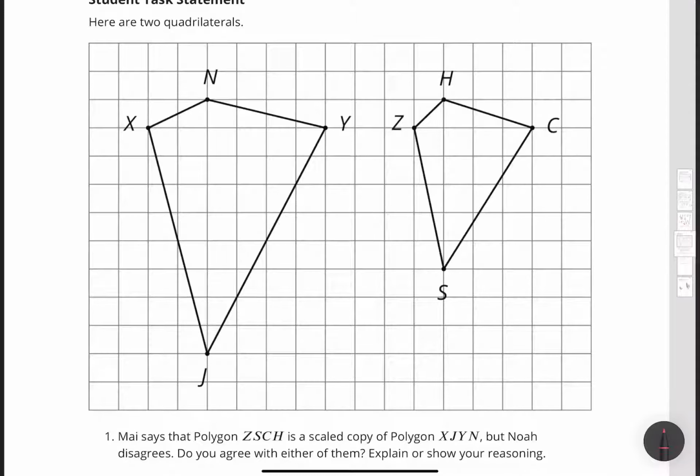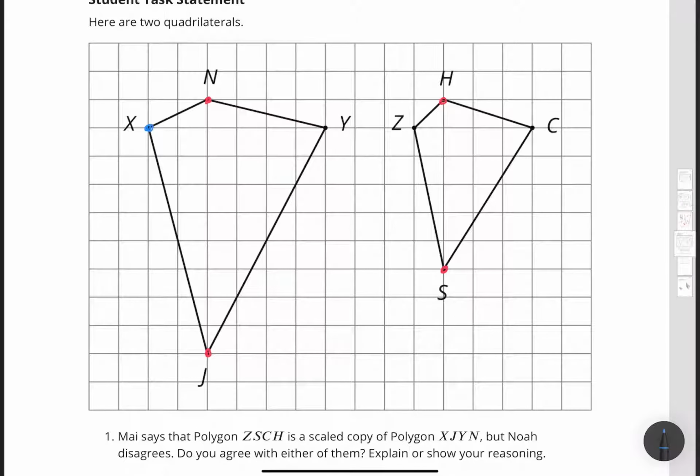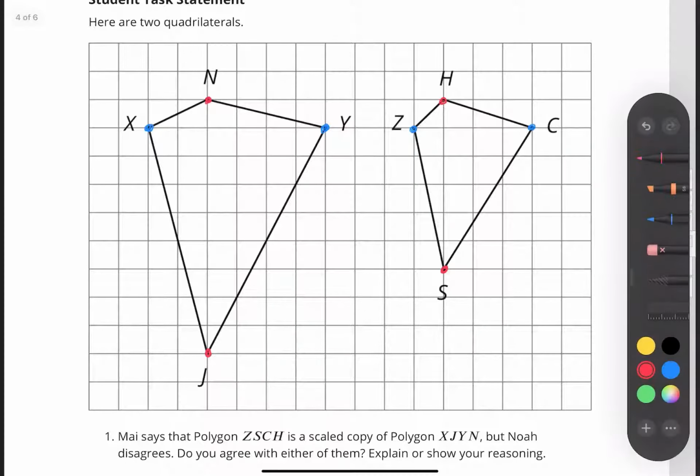Okay, so I'm going to take the distance from segment N to J, H to S, and I'm going to change the color. I want to take the distances from X to Y, Z to C. So let's begin.